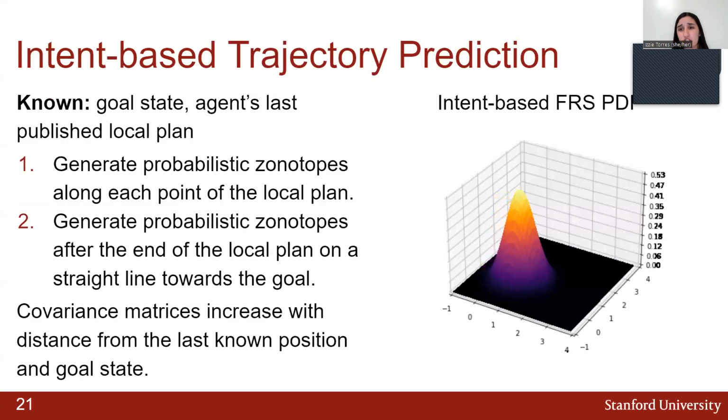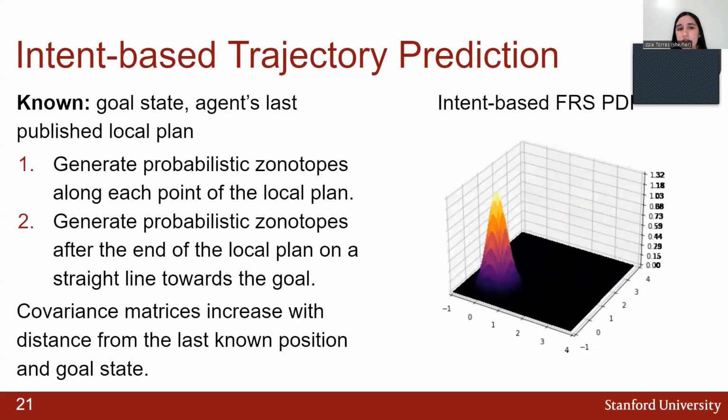With intent-based trajectory prediction, we know the goal state in the agent's last published local plan. This will be what, before communication was lost, the agent communicated to the other agent it was planning on doing, what its planned trajectory was. And so we still have that stored in our memory.